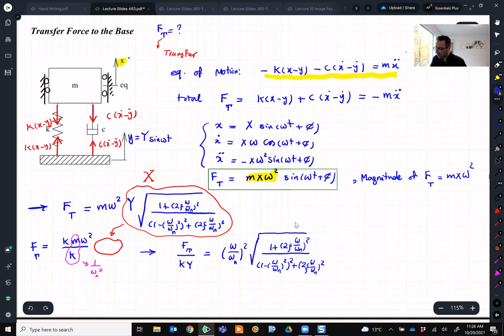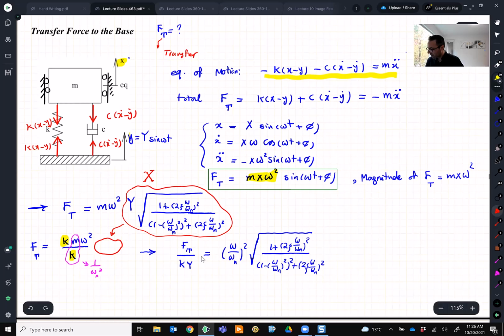So let's stop here and make sure that the math is correct. One more time, Ft is this m X omega squared that we care about. We substitute X by the value that we found before inside this red circle. Then I divide everything by k and multiply by k. And we know m over k is 1 over omega n squared. It seems to be correct.